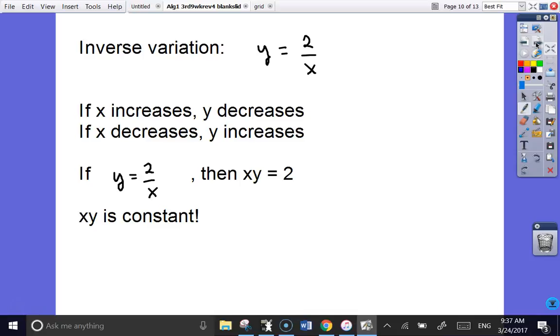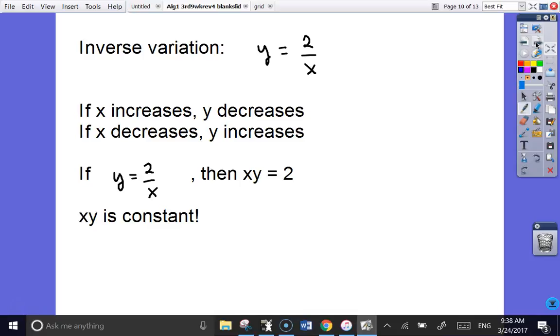Okay, and now, if y equals 2 divided by x, if I multiply by x, then I get xy equals 2. So now we're not dealing with the graph of an inverse variation. That's a more complicated graph than we have to deal with in this class, but it's made up of infinitely many points, right? And every one has a different x value and a different y value. So we're not saying that x is a constant or y is a constant, but if you multiply x times y in an inverse variation, that is a constant.